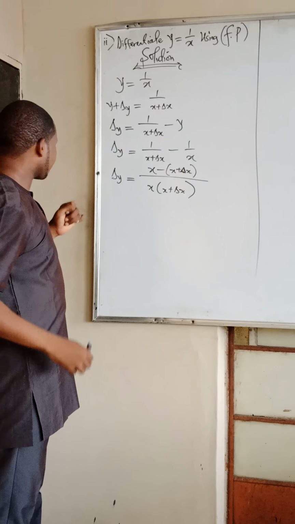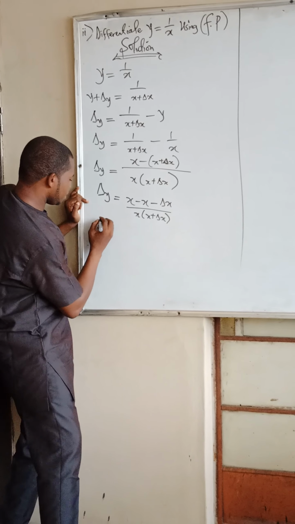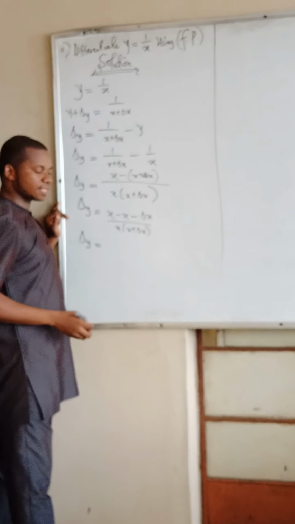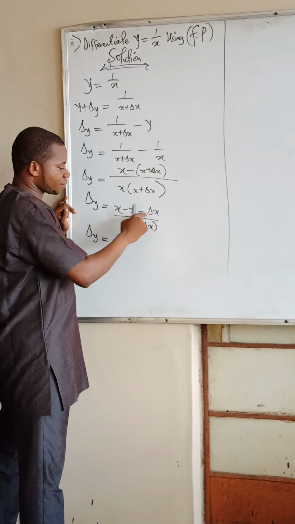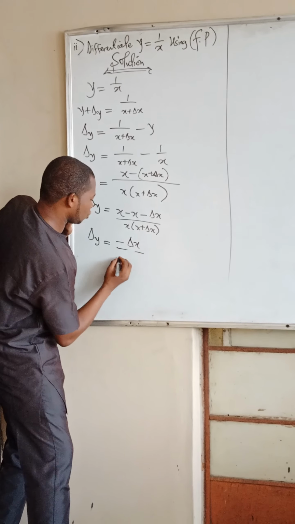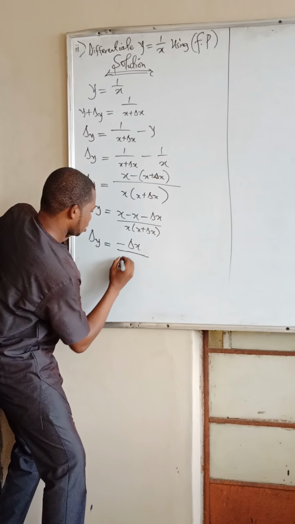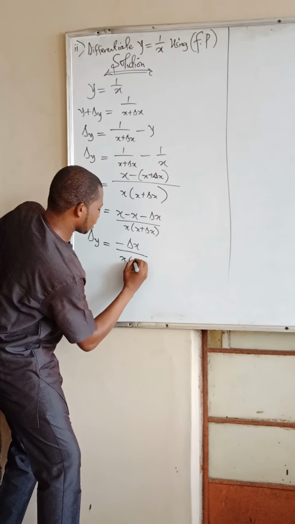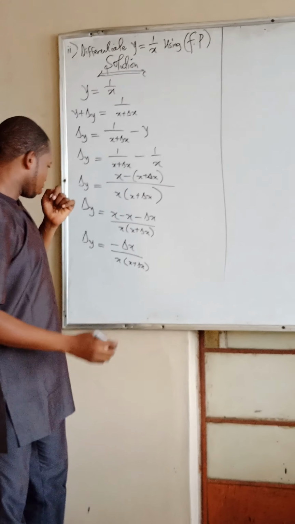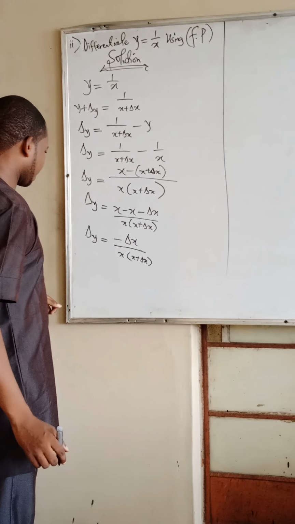All over x into x plus change in x. So with this, my change in y automatically becomes x minus x is 0. So we are left with minus change in x, all over x into bracket x plus change in x. Close the brackets. So this is what we're going to get.